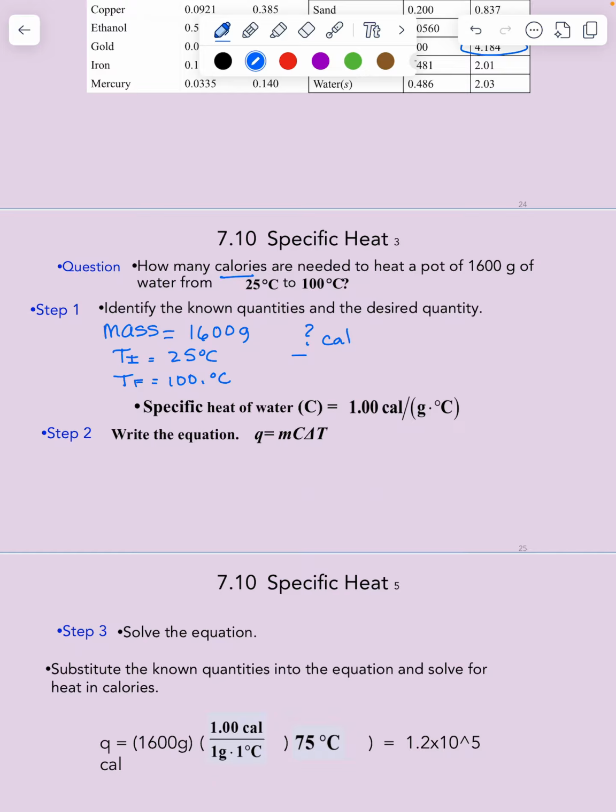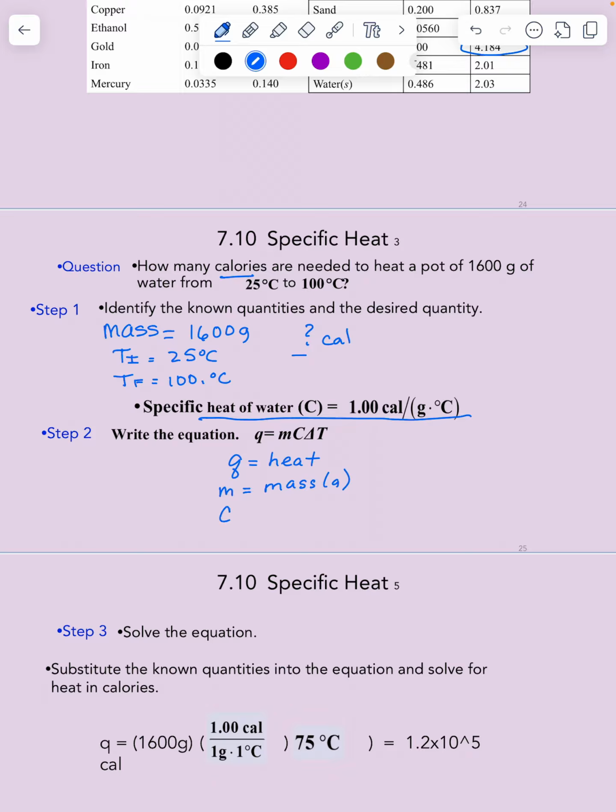Q is the symbol used for the heat energy. M is the mass in grams. Capital C is the specific heat. And delta T is always the final temperature minus the initial temperature.